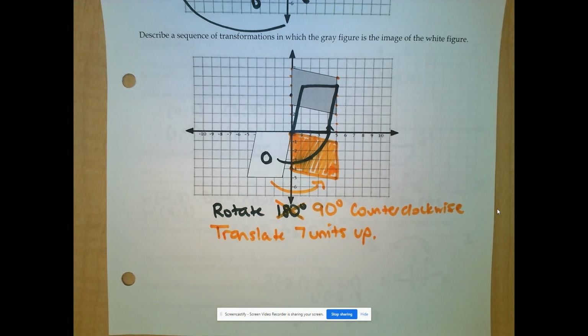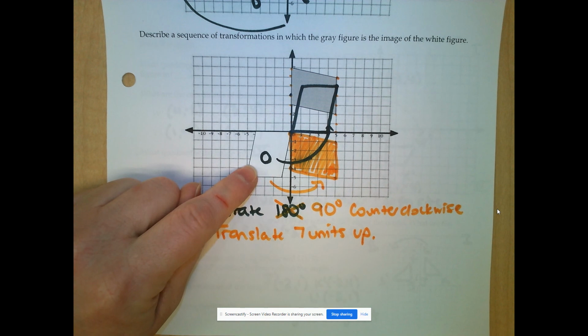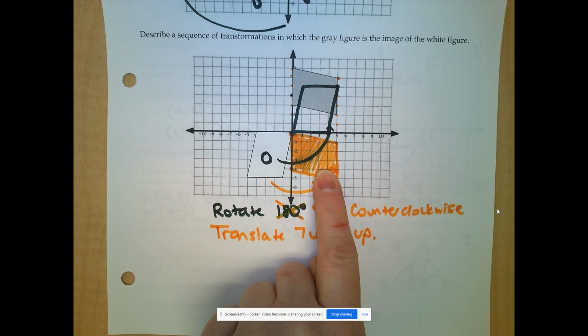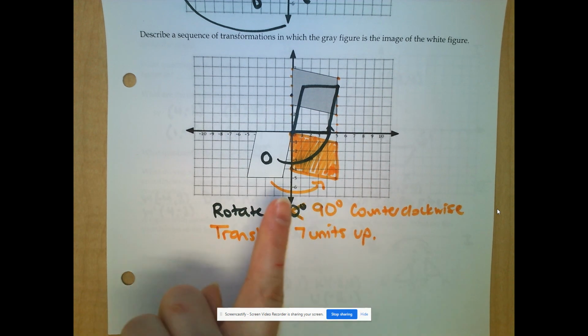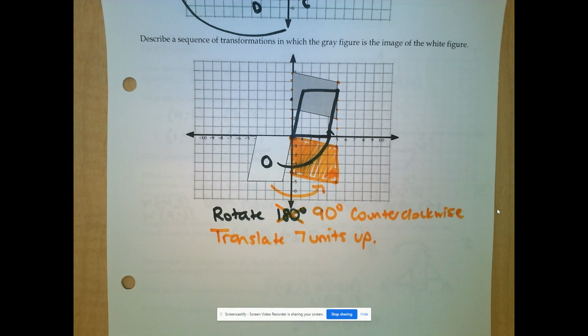And the yellow, which started as the original white, I moved to the yellow when I rotated 90 degrees counterclockwise, and then shift or translate 7 up would have landed me directly on top of that gray quadrilateral. So a lot of it is about saying, oh, this is what I think is going to happen, and trying it out and seeing if it works. And clearly rotating 180 degrees did not land me with a shape that I could easily shift into place. And so I had to try a second method of rotating it 90 degrees.